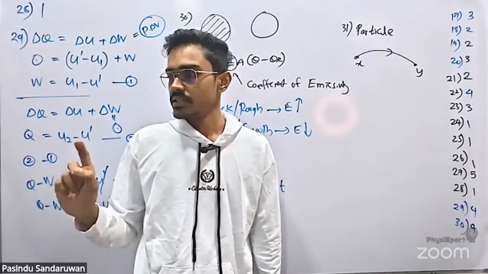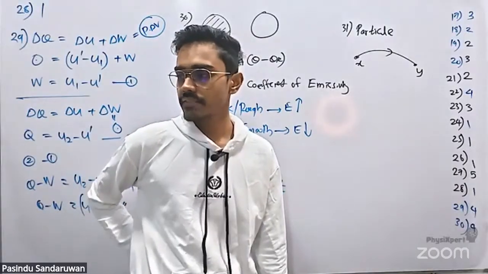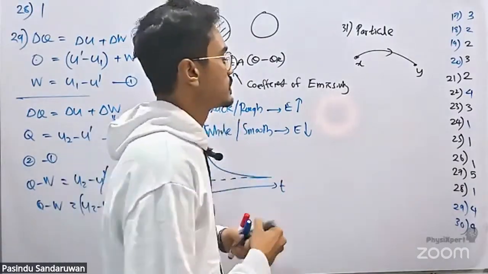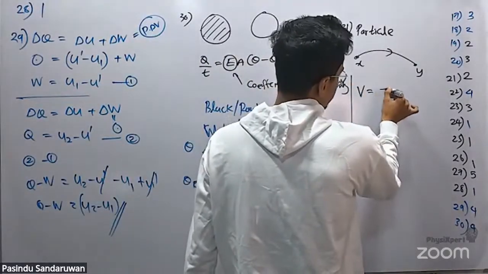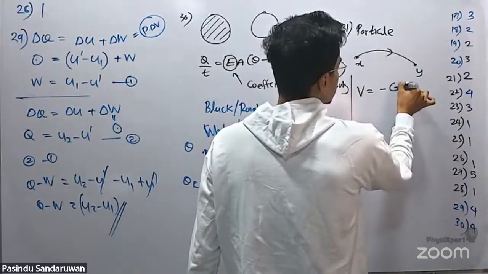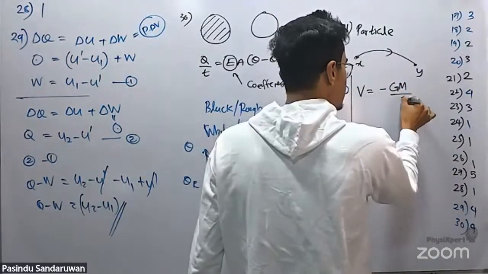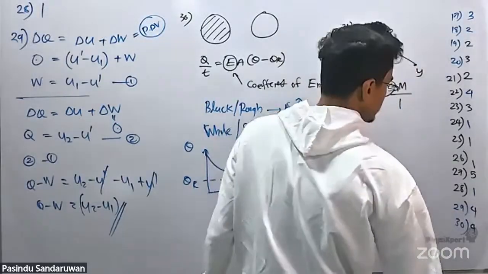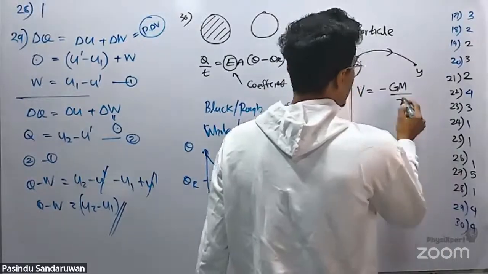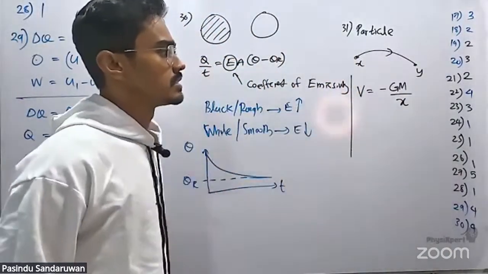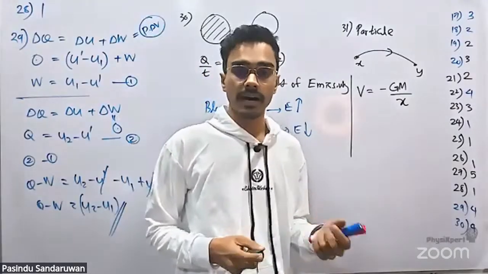First one: the change of gravitational potential is independent of the path between X and Y. Correct. Why? Gravitational potential is minus Gm over X. So the change is independent of the path of the motion.